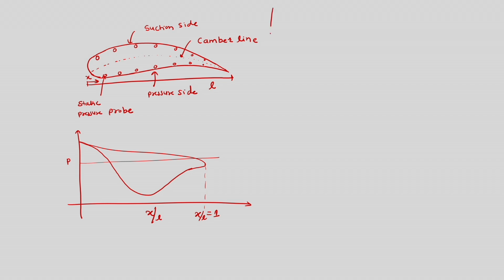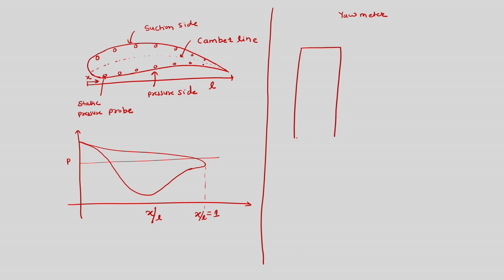Then we said that we can do the measurement of velocity direction, and for measurement of velocity direction there are sensors which are called yaw-meters. A typical yaw-meter would look like this, which is practically a manometer, but it is used for the measurement of direction of velocity.